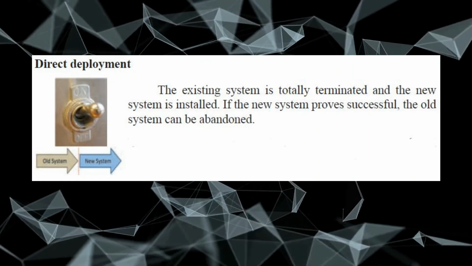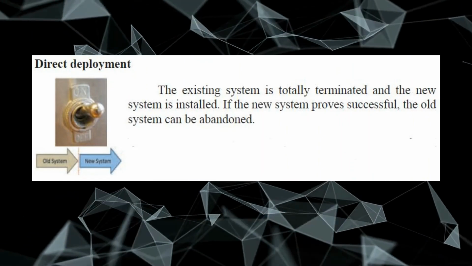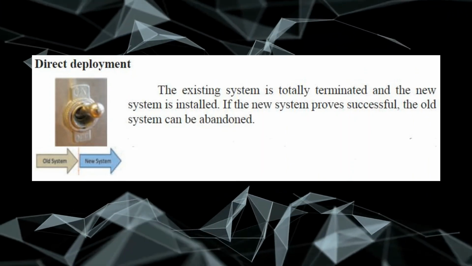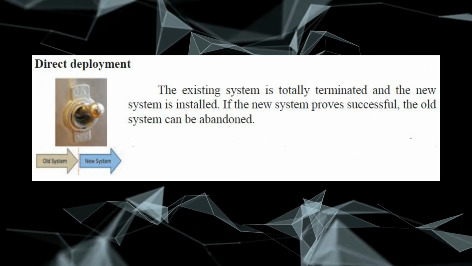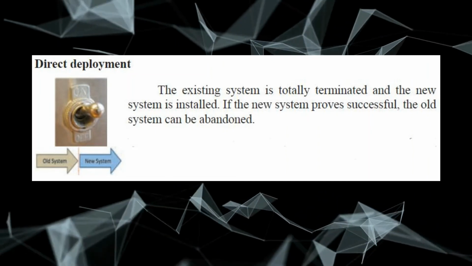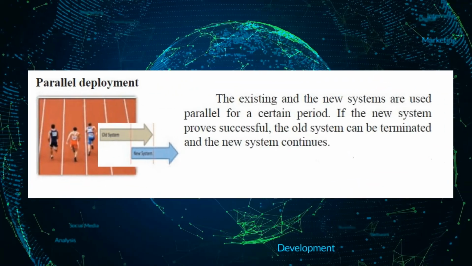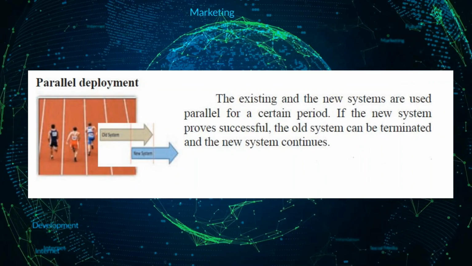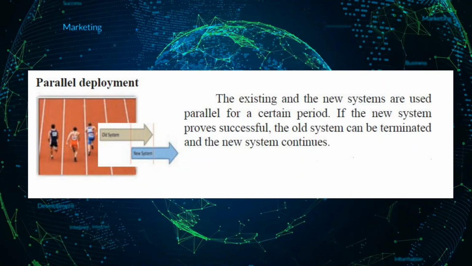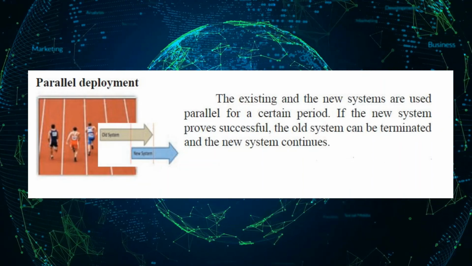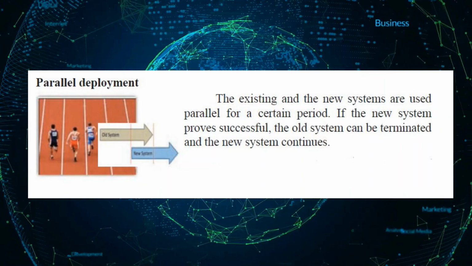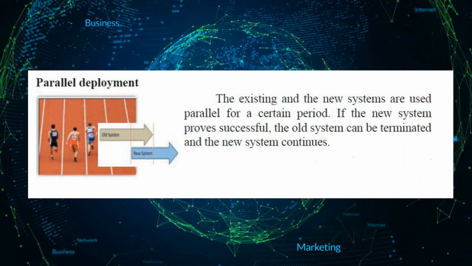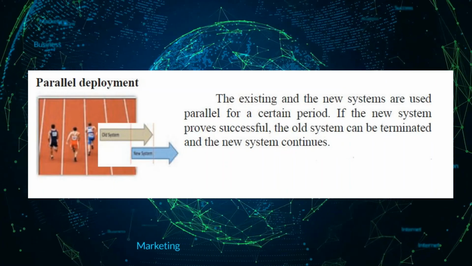And also, if the new system proves successful, the old system can be abandoned. In parallel deployment, the existing and the new systems are used parallelly for a certain period. If the new system proves successful, then the old system can be terminated and the new system continues.